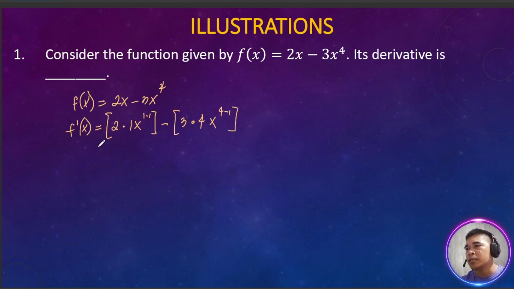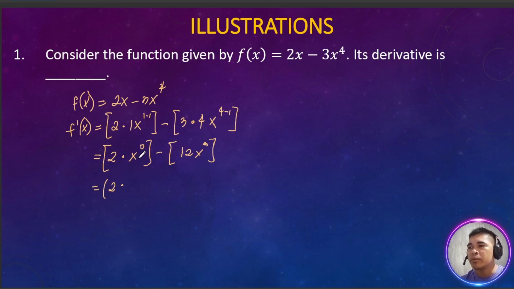So ito lamang tagsa-tagsaon sa nato dito. So we get 2 times x to the power of 1 minus 1, or x to the power of 0, minus 3 times 4 we get 12, 4 minus 1 we get 3. 2 times, remember x to the power of 0 is 1.